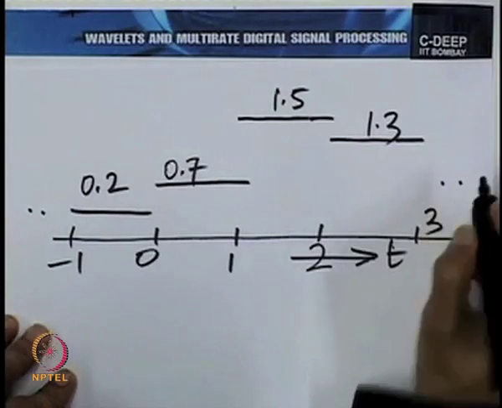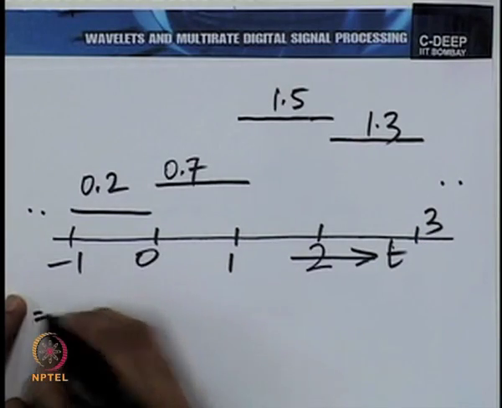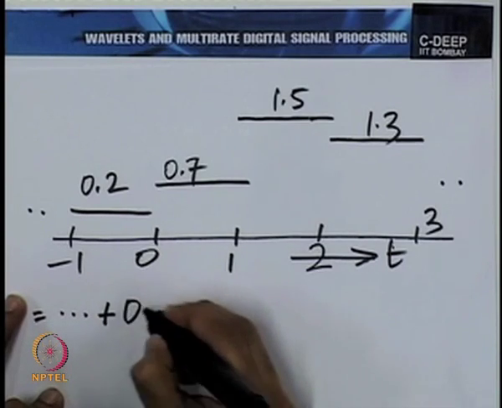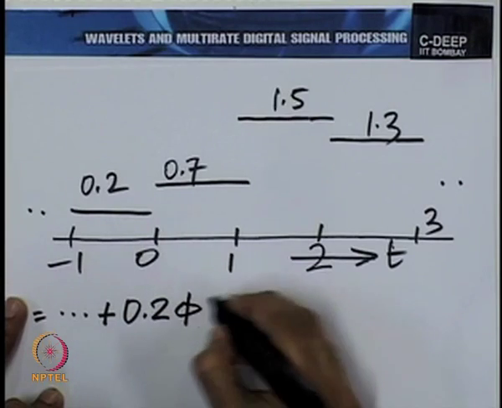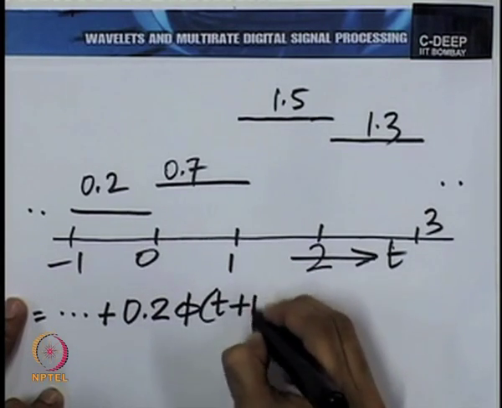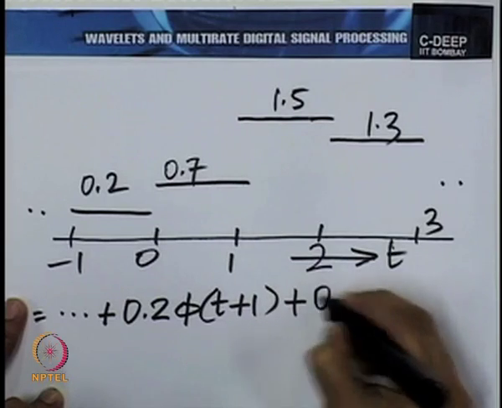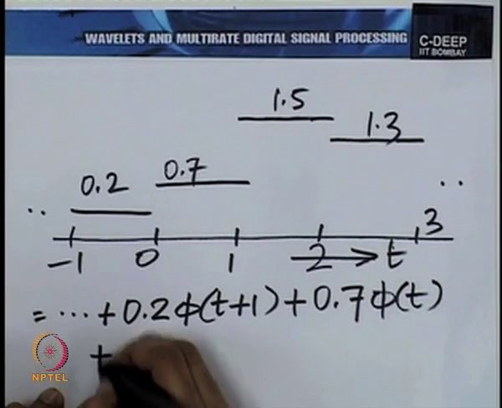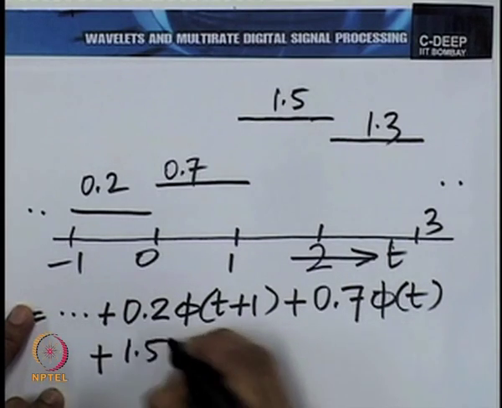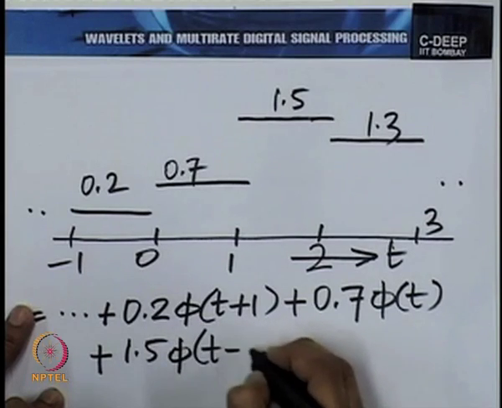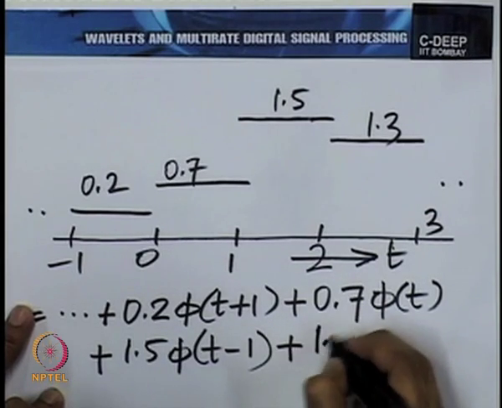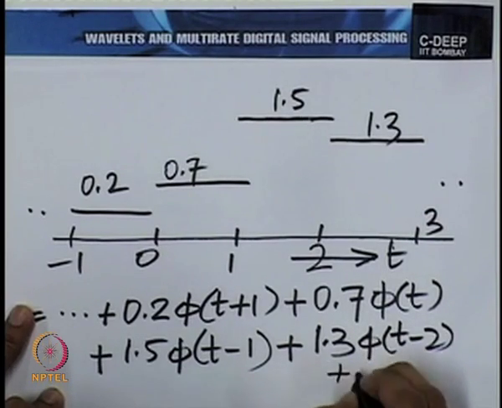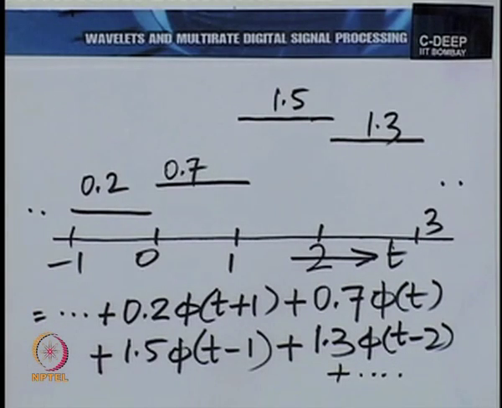Then this function can be written as dot dot dot plus 0.2 times phi t plus 1 plus 0.7 times phi t plus 1.5 times phi t minus 1 plus 1.3 times phi t minus 2 and plus dot dot dot and so on.